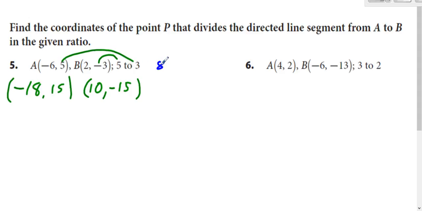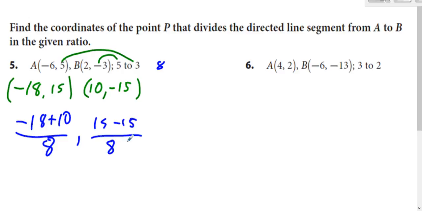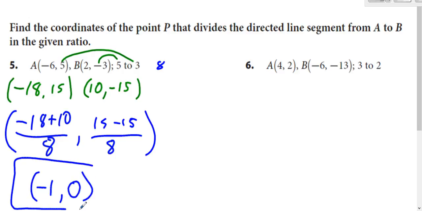That's the number that we're dividing by. So you have negative 18 plus 10 over 8. And 15 minus 15 over 8. So negative 8 over 8 is negative 1. And then 0 over 8 is 0.